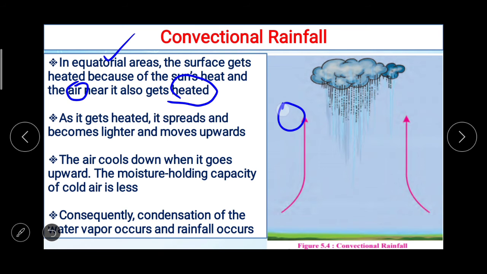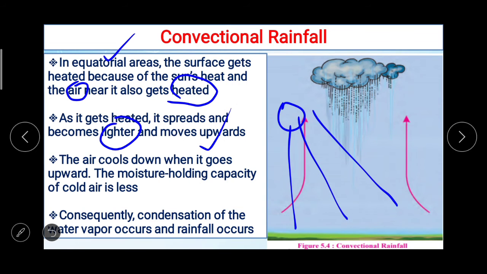Because of the sun, the surface gets heat, and then as it gets heated, it spreads and becomes lighter and moves upwards like this. You can see this in this arrow. As it gets heated, it spreads and becomes lighter and moves upwards.